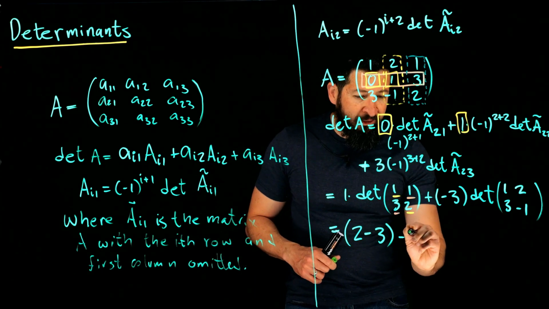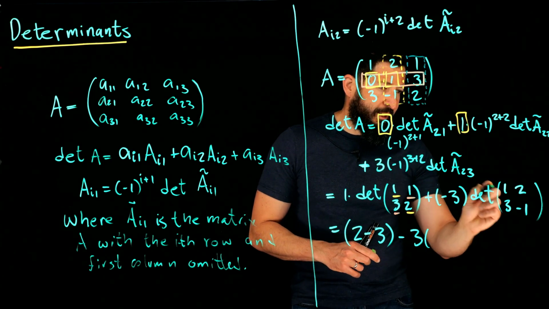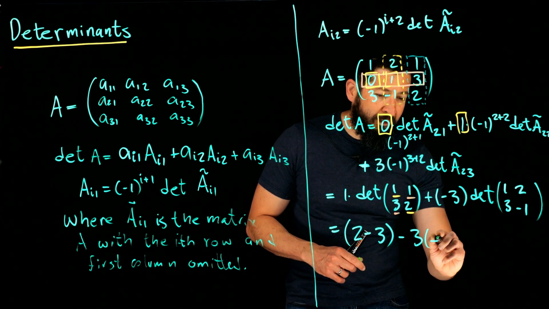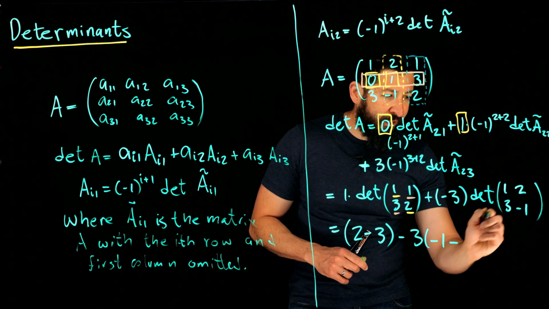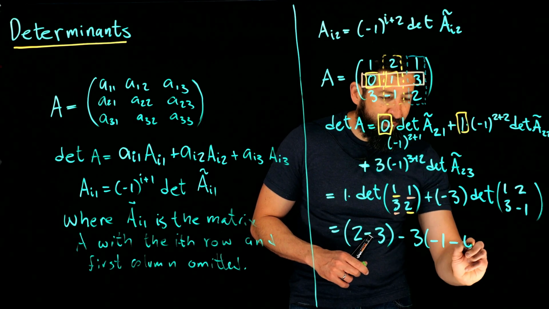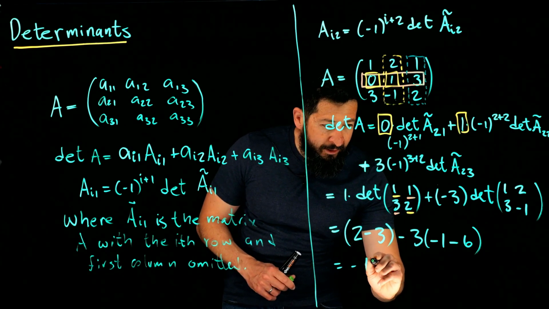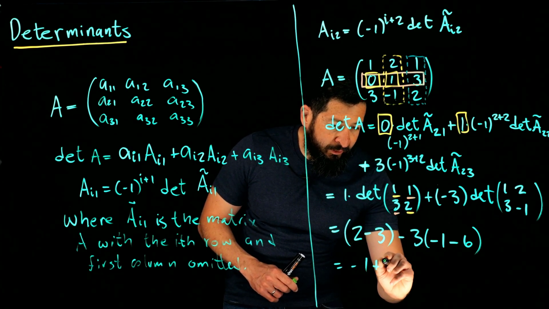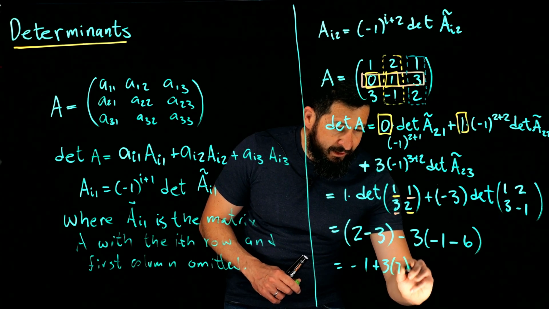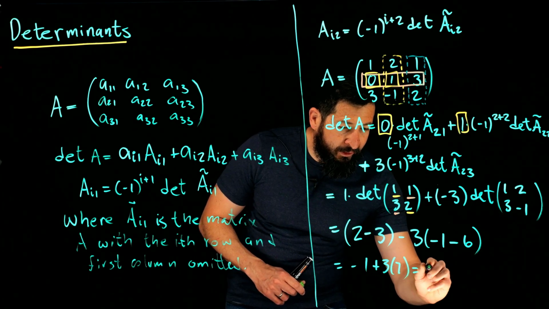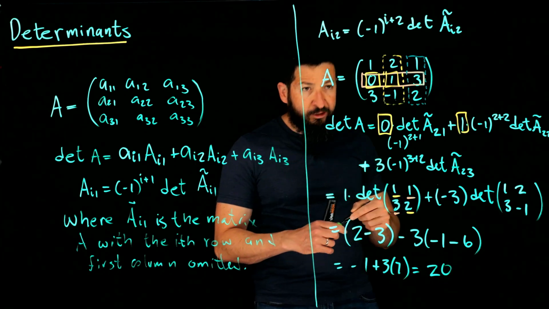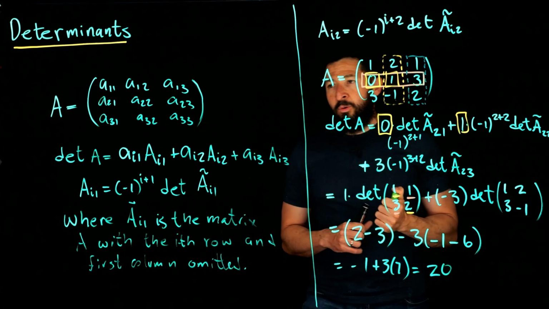Now here I get minus 3 times, and then I get 1 times negative 1 minus 3 times 2. 3 times 2, 6. So I get this number, which is going to be negative 1 minus or plus 3 times 7, which is going to be 21 plus minus 1, 20. So the determinant of that matrix right there will be 20.